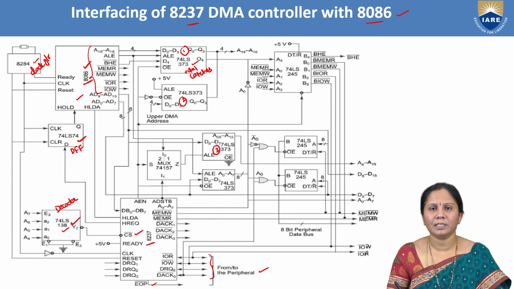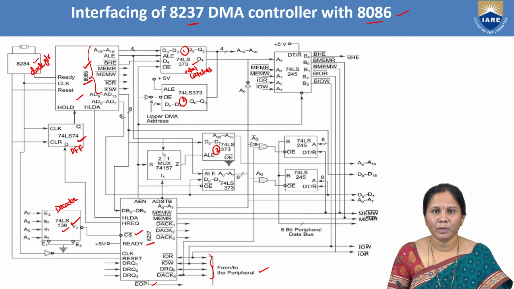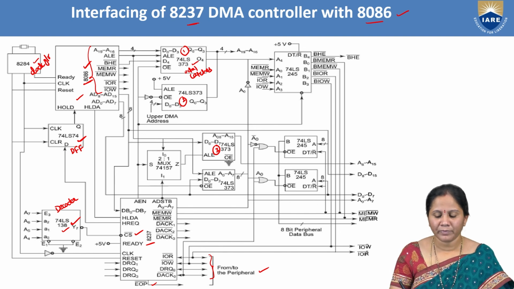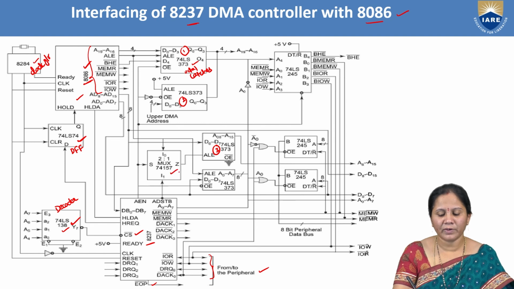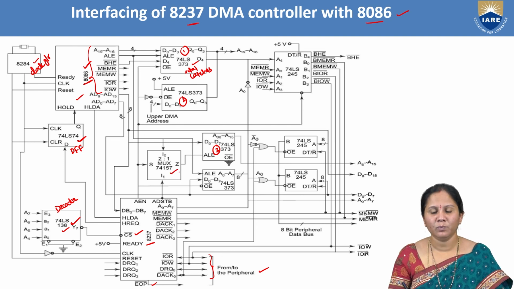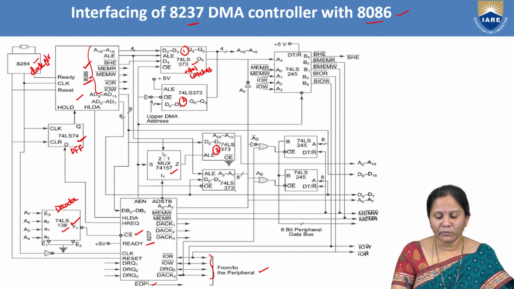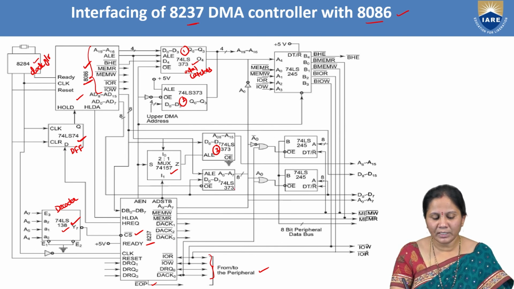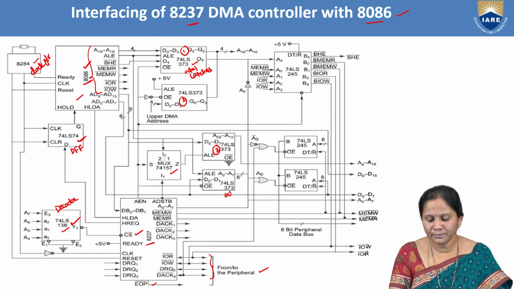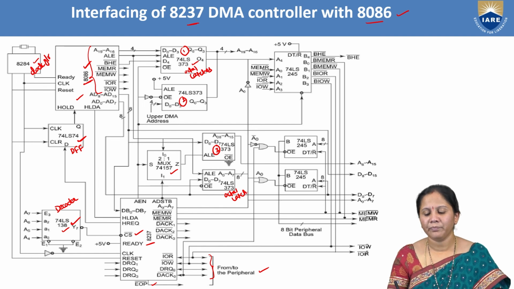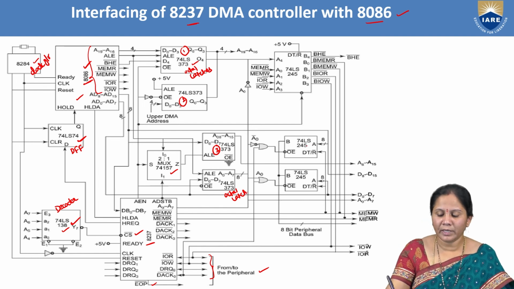Three octal latches are used here because the address bus size of the 8086 is 20 bits. Another one is the 74157, which is called a multiplexer, and this 74LS373 is also an octal latch. Here we can have the IC 74LS245.